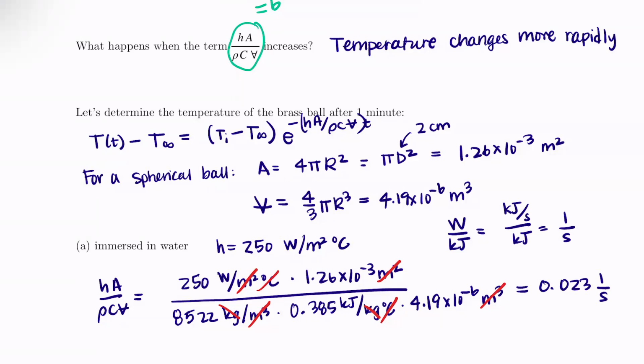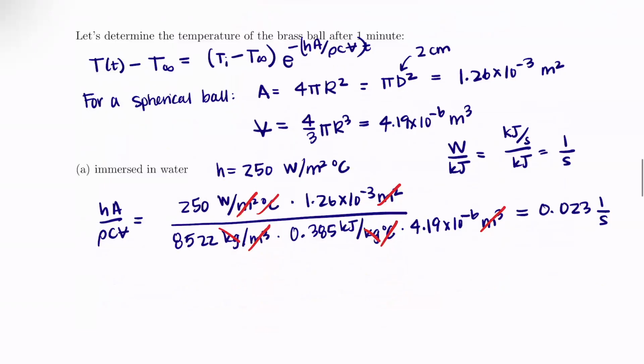Okay, so I'm going to plug this into our governing equation as follows. I'm actually going to move T infinity over to the right-hand side. So I have T of t equals T infinity plus Ti minus T infinity times e to the minus hA over rho cV times t.